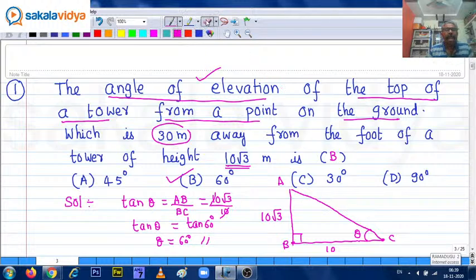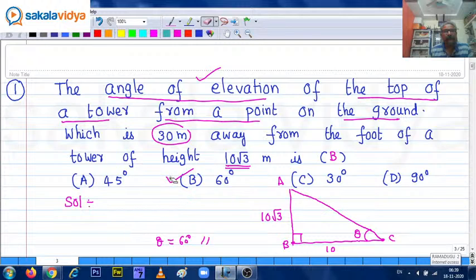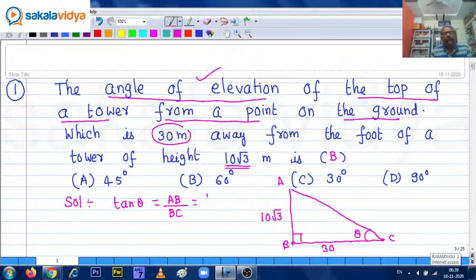Sorry, wait. You need to verify: this is 30 meters, 30. So now tan theta is equal to AB by BC. AB is equal to 10 root 3 upon 30.